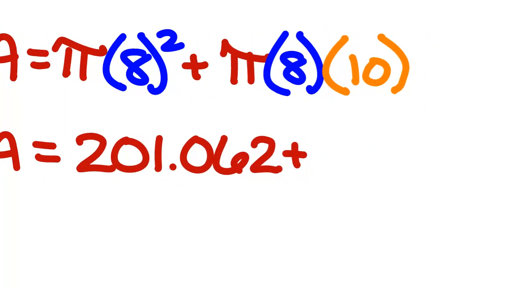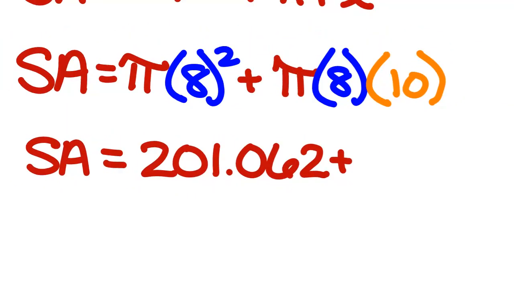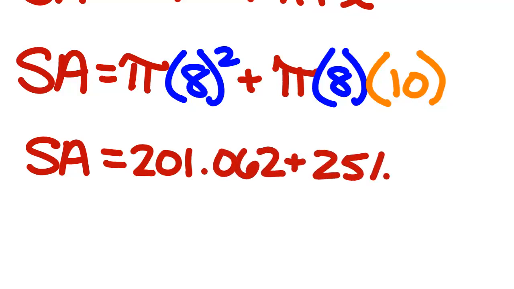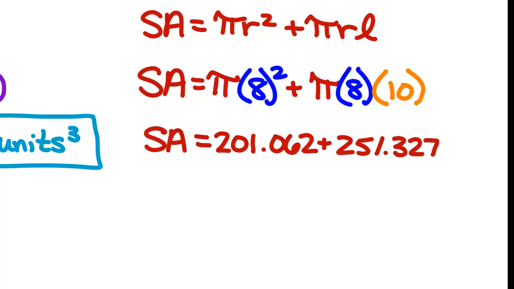Plus, now we do pi times 8 times 10. 251.32. What comes after the 2? A 7. And after the 7? A 4. Perfect. So we don't round that one up at all.